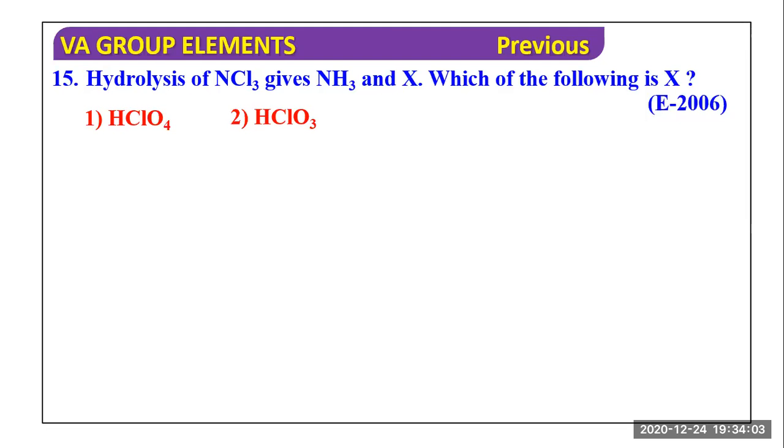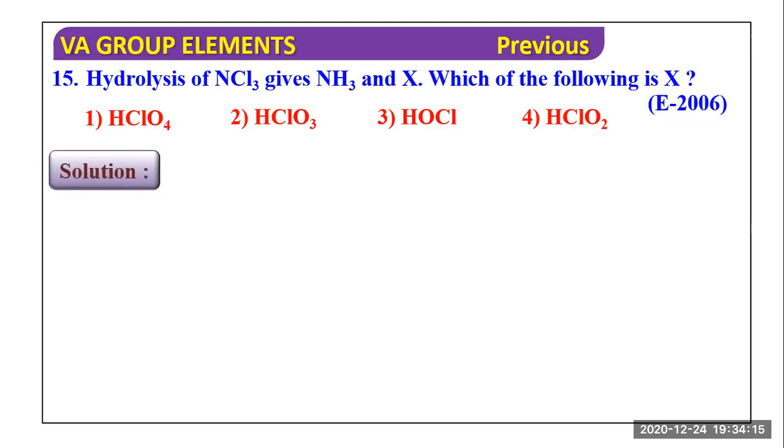It is HOCl, chlorous acid. It is HClO2. So what is the answer? It is HOCl, option 3. Hydrolysis of NCl3 gives HOCl.